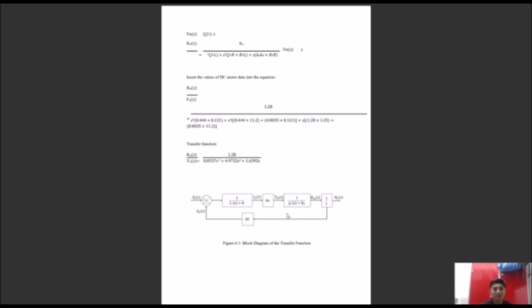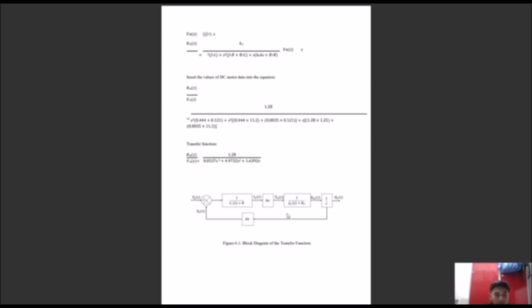After that we can insert the values of the DC motor data into the equation, which is theta ms over VAS equal to 1.28 over S to the power of 3 times 0.444 multiply with 0.121 plus S to the power of 2 multiply with 0.444 times 11.2 plus 0.0035 multiply with 0.121 plus S multiply with 1.28 multiply with 1.25 plus 0.0035 multiply with 11.2.